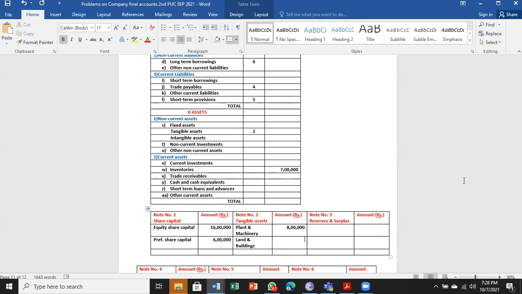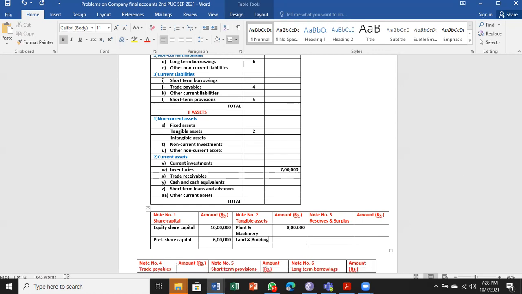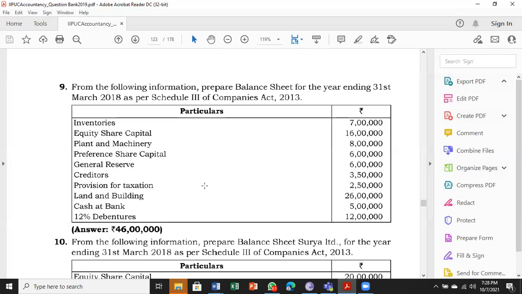Land and building, 26 lakhs. So we can write other time also. You can check it out and write, not a problem. So I'm done with inventory. Equity capital is done. Plant and machinery is done. Preference capital is done. I'll go for next one.